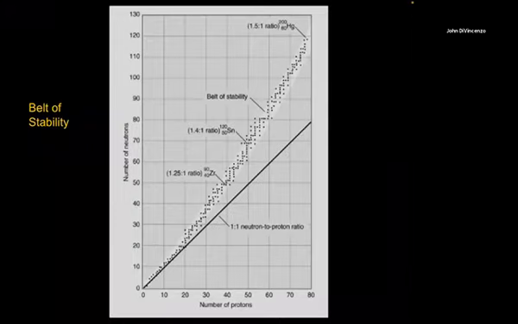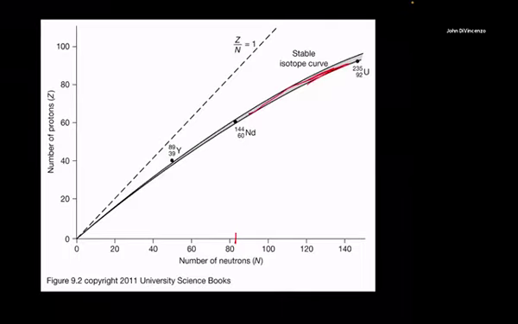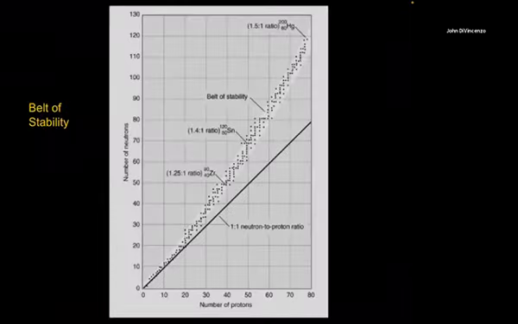You could cut off at 83 if you wanted, up to bismuth. But then you realize anything beyond that is unstable. This is basically isotopes that are not radioactive, but it's showing you at least the ratio and how it changes. So either way, questions?